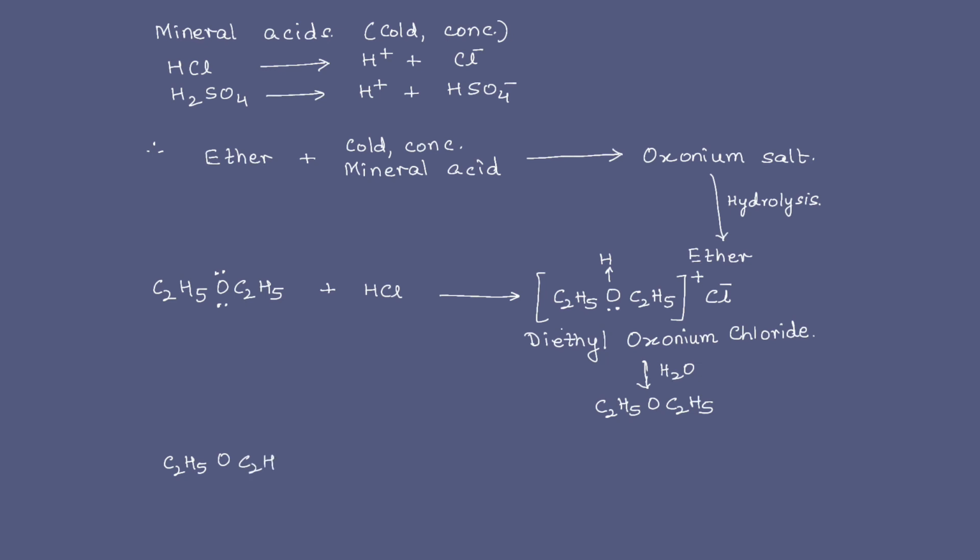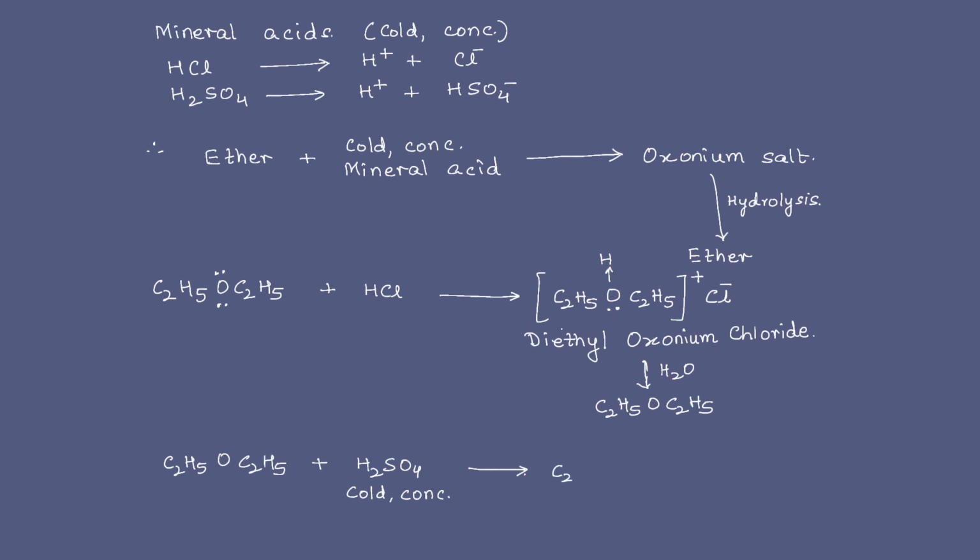C2H5OC2H5, that is ethoxyethane, plus H2SO4, cold concentrated. What will be the products? Please complete this reaction. Try writing it down. Look at how I have broken down the H2SO4. That should give you a hint.